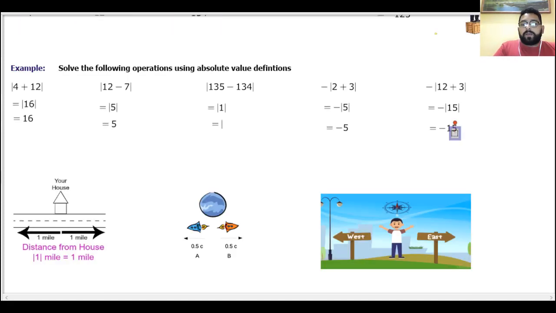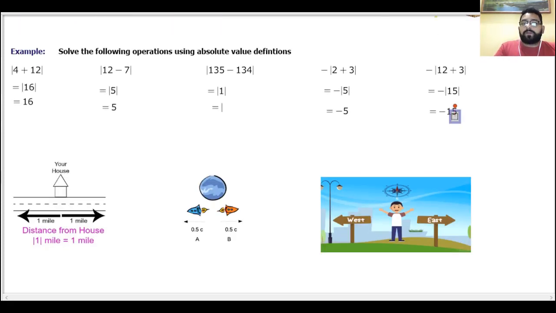And now I will give you some examples of absolute value applications in real life. For example, as you can see, this is the origin or the initial point, and to the left and to the right, we have 1 mile to the left, 1 mile to the right.